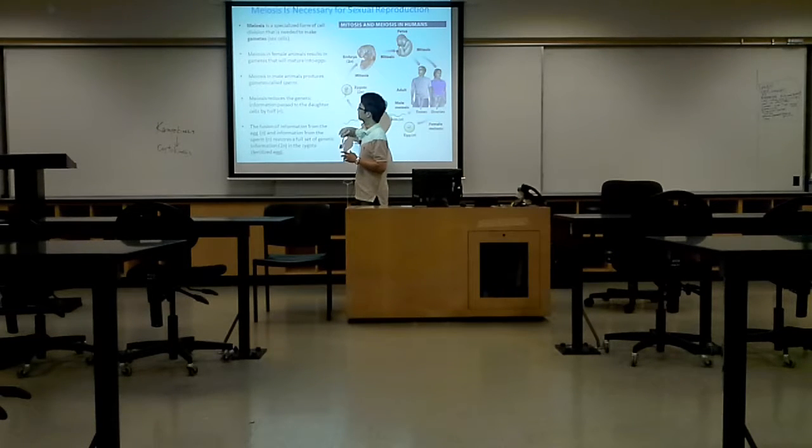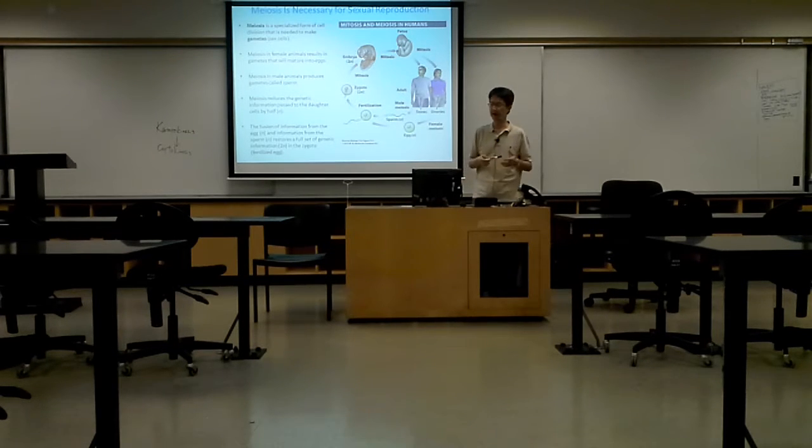Meiosis in animals results in eggs in females. For males, it forms sperm. And I just want to bring to your attention that for egg, the plural, we have to put an S, but for sperm, we do not put an S. So both singular and plural, it has no S. So sperm can be plural or singular.